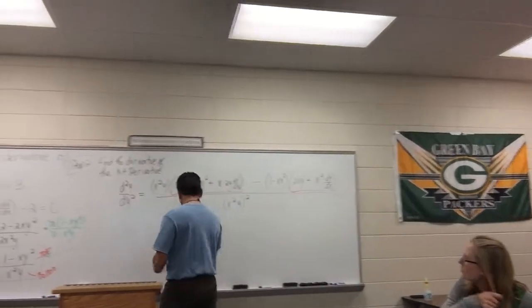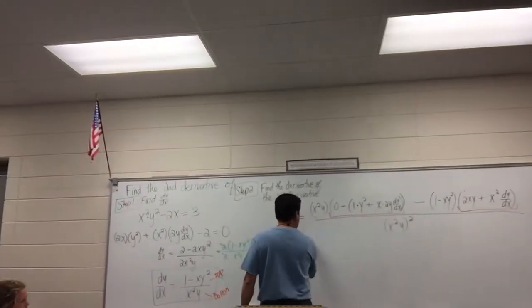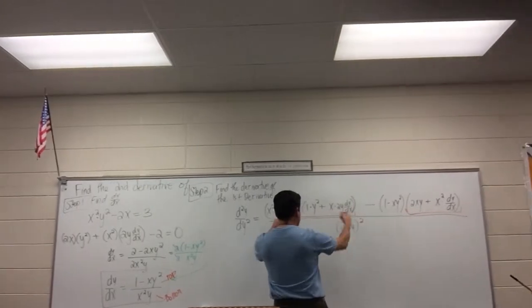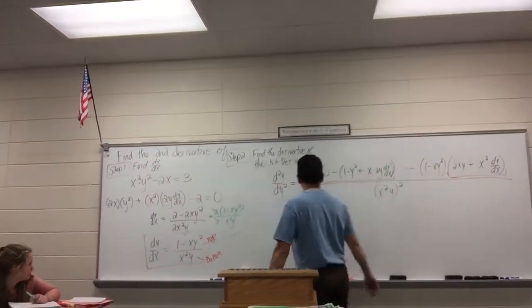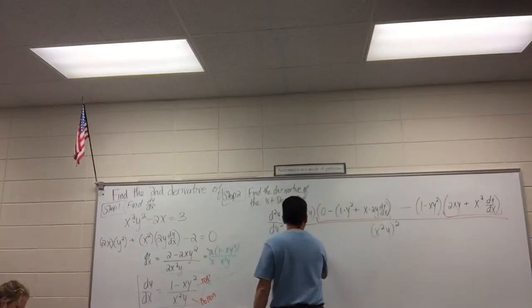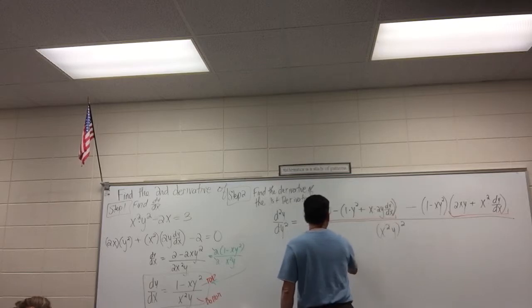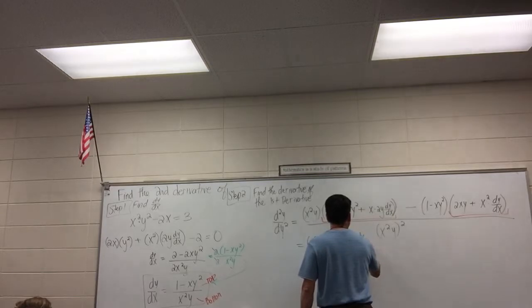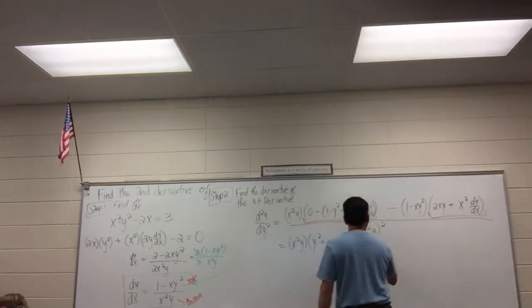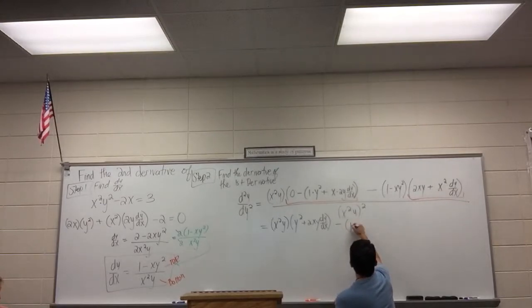No. So now we're going to just clean it up once, and then we're going to replace our dy dx with what it belongs with. So this is x squared y times y squared plus 2xy dy dx, minus 1 minus xy squared.